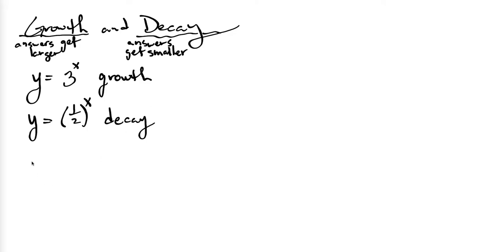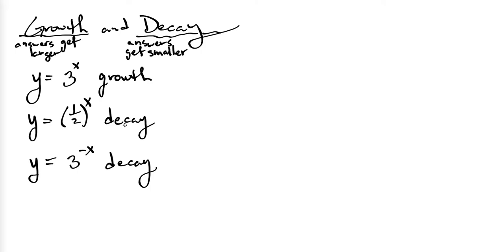Ready for more annoying? Okay. 3 to the negative x. Why is this one decay? I don't know, I just found. Okay, just using a sense of what the answer is going to be.